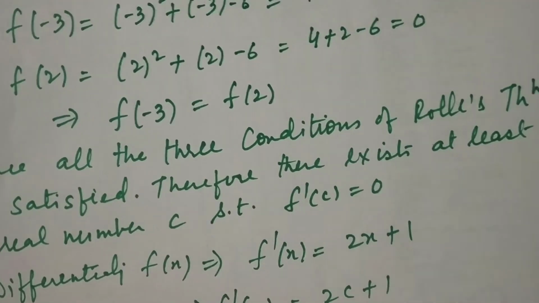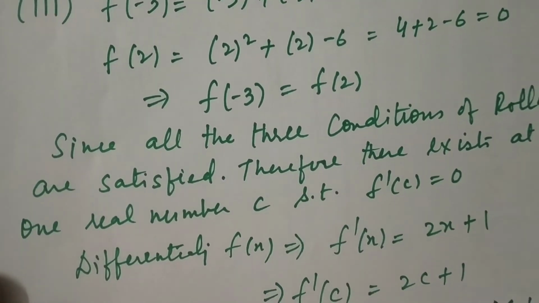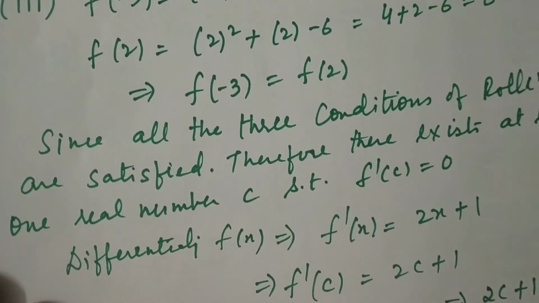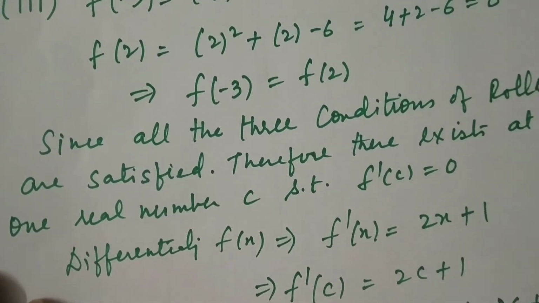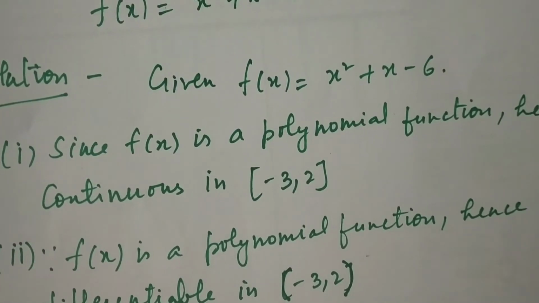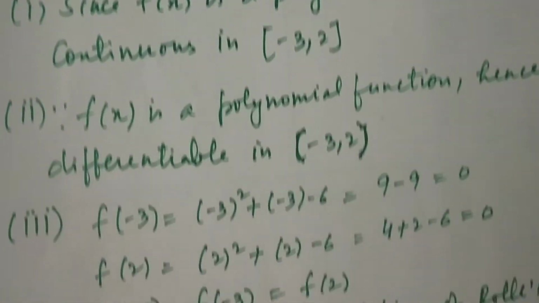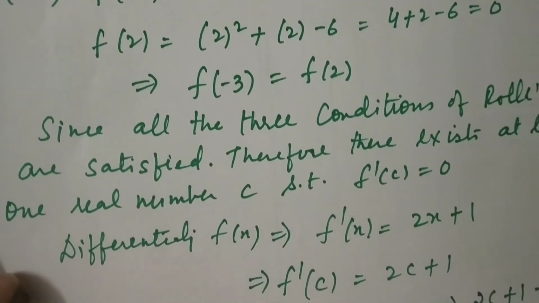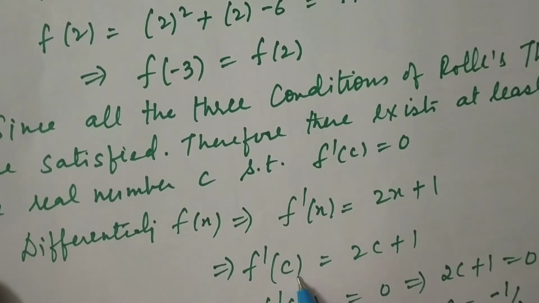Therefore, there exists at least one real number c such that f'(c) equals 0. Our function was x squared plus x minus 6. If we differentiate, f'(x) comes out to be 2x plus 1. Now keeping the value c here, f'(c) is equal to 2c plus 1.